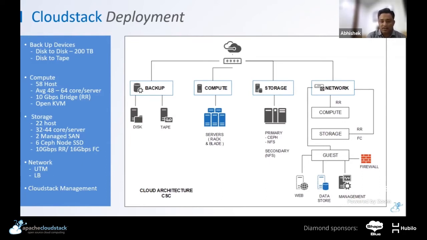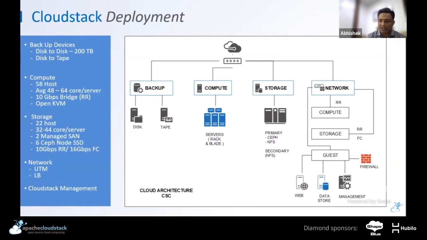If you see the diagram which I display here, it shows how we have set up the cloud infrastructure at our end. You can see that we have a compute block where we added a lot of servers, which is a mix of rack and blade and all high-end servers.